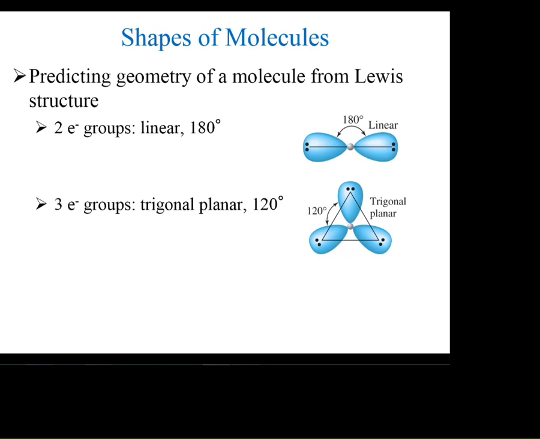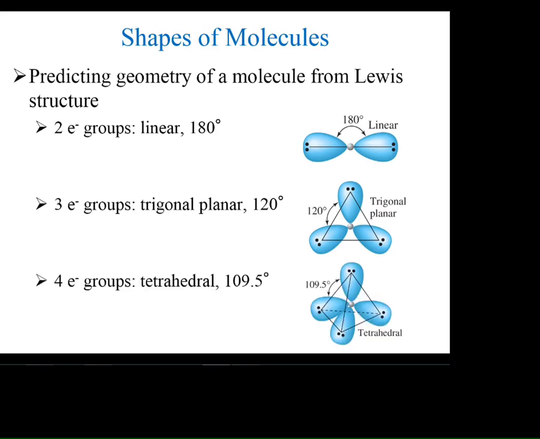And if we have 4 things, we said the best way 3-dimensionally is actually not 90 degrees, like you might expect. It's 109.5, which is called a tetrahedral geometry. Okay? So those are the electron geometries we're going to look at today. So linear, trigonal planar, or tetrahedral.